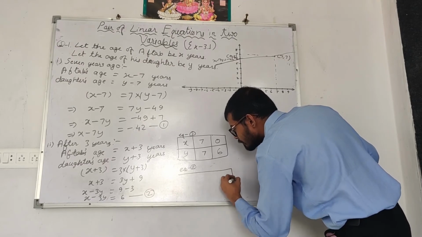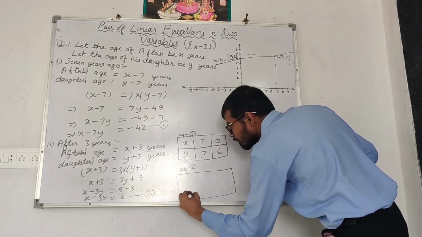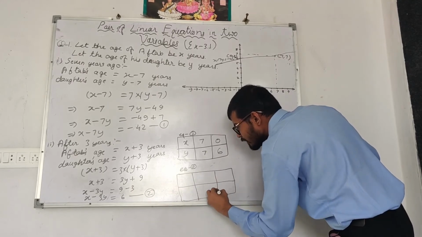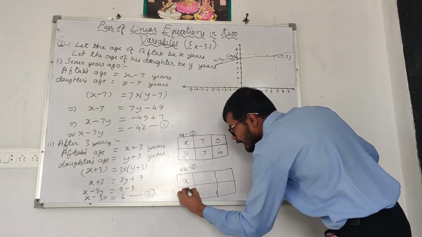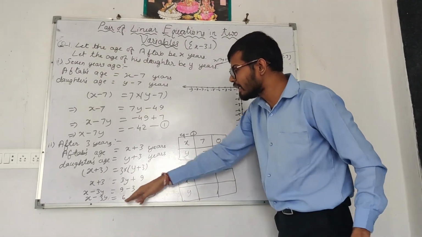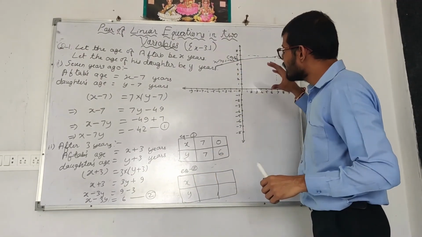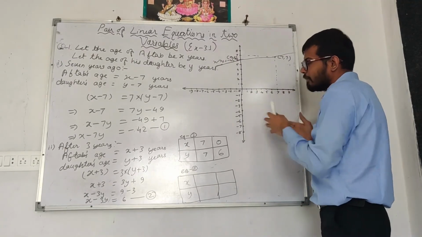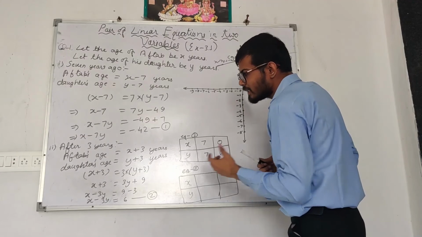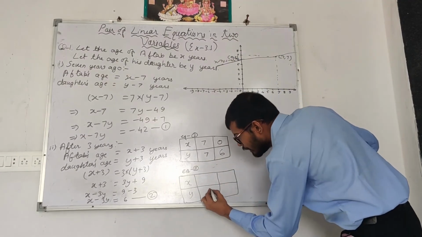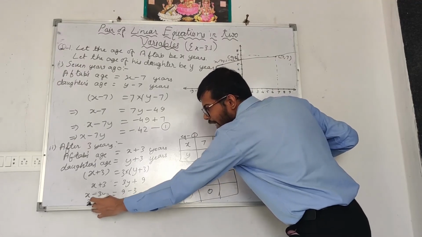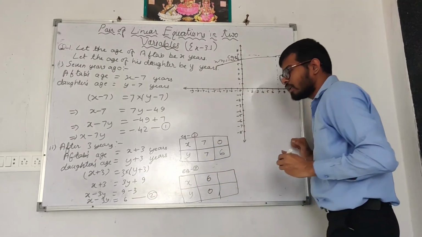Then make a box. Inside the box we will write again x and y in the same way. Now substitute the values of x and y in such a way that our answers will be suitable for our graph paper. If we put the value of y as 0, then 3 into y will become 0, so x will be 6.